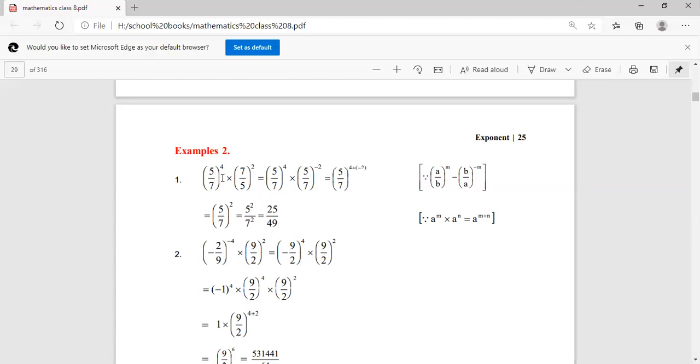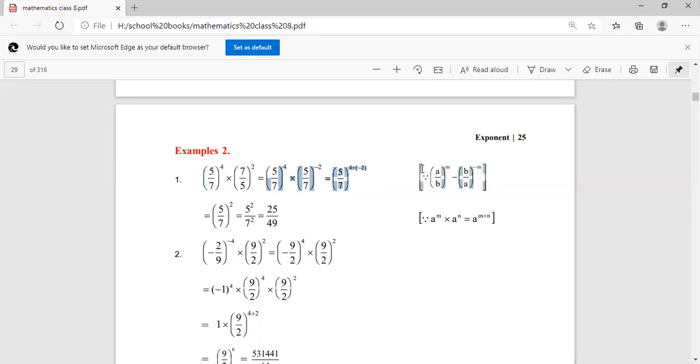In order to make the base same, in order to make both of these in p by q form, okay, here it is p by q into q by p form now. So first of all we have to bring it down again to a p by q form. Here the value of p is 5 and q is 7, so we can write 5 by 7 whole to the power minus 2. 7 by 5 to the square is equals to, we can write 5 by 7 whole to the power minus 1 using this formula.